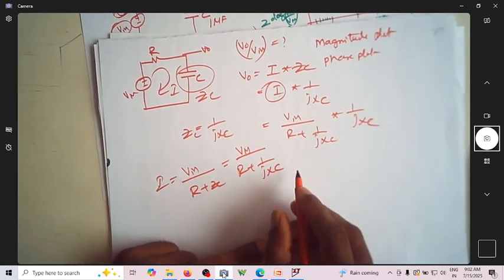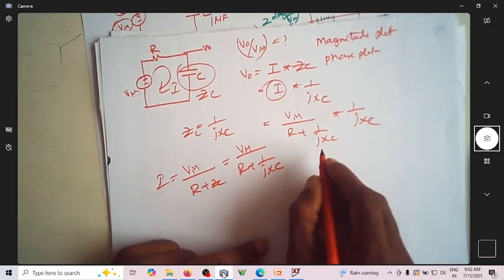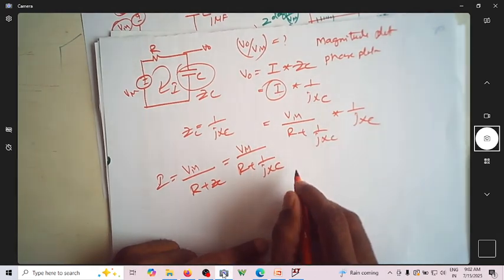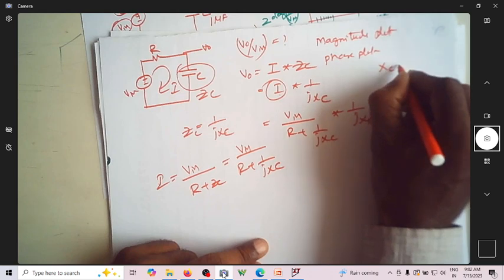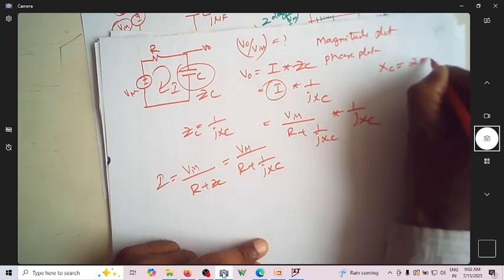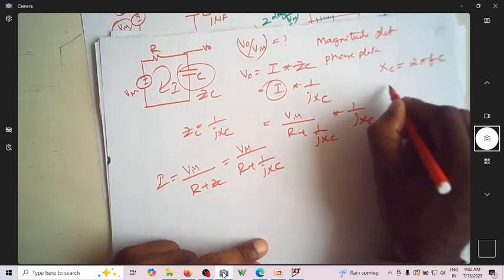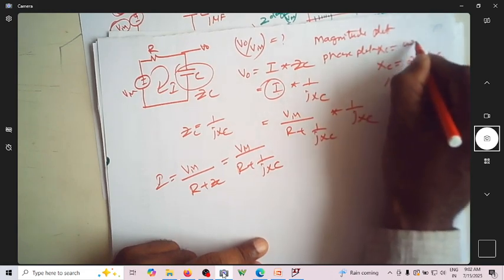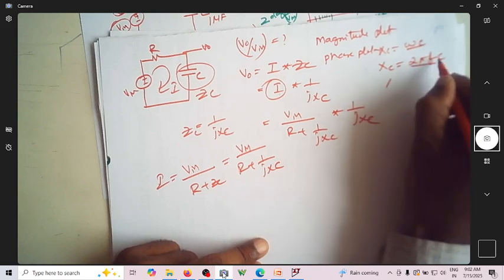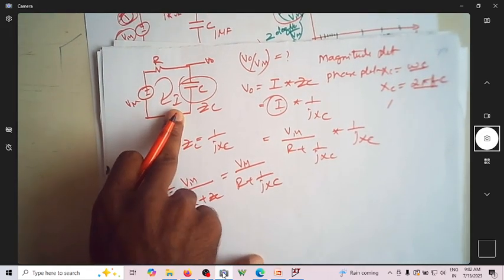So now what will happen here? By the way, what is XC? It is 1 over omega C, where omega is 2 pi f, and C is the capacitance of this capacitor.